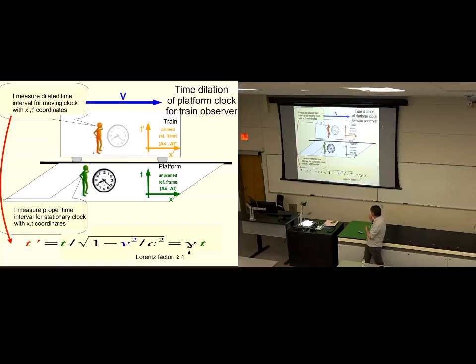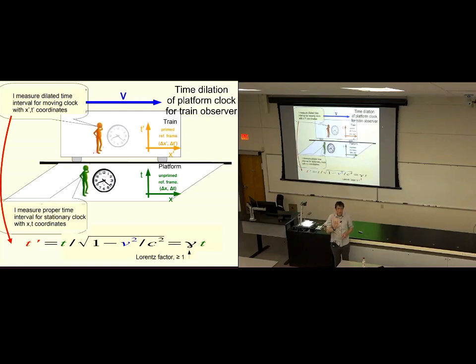If you think about it, this means that for everyday speeds, this is a tiny or negligible effect, right? A train's motion through a station is much smaller than the speed of light. So v is much smaller than c. So v squared is much smaller than c squared.